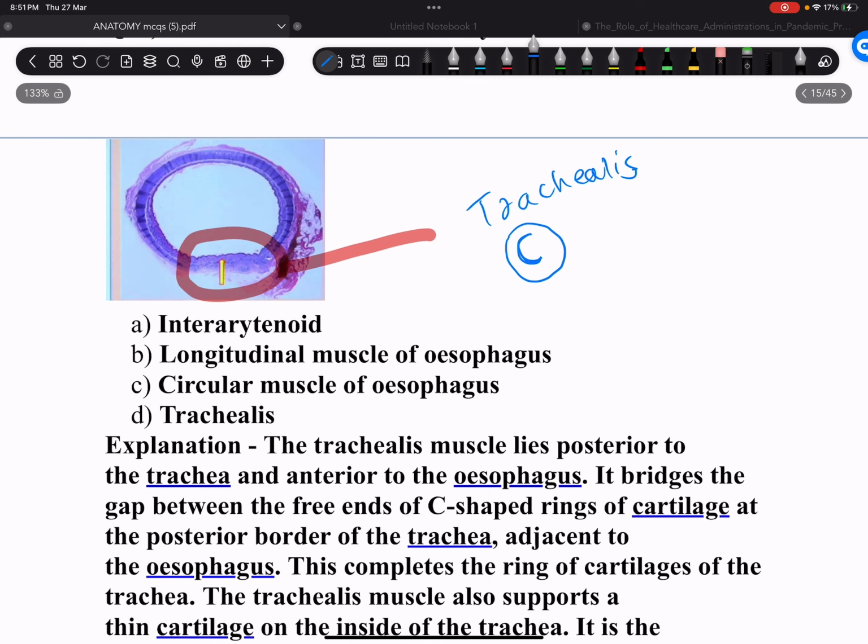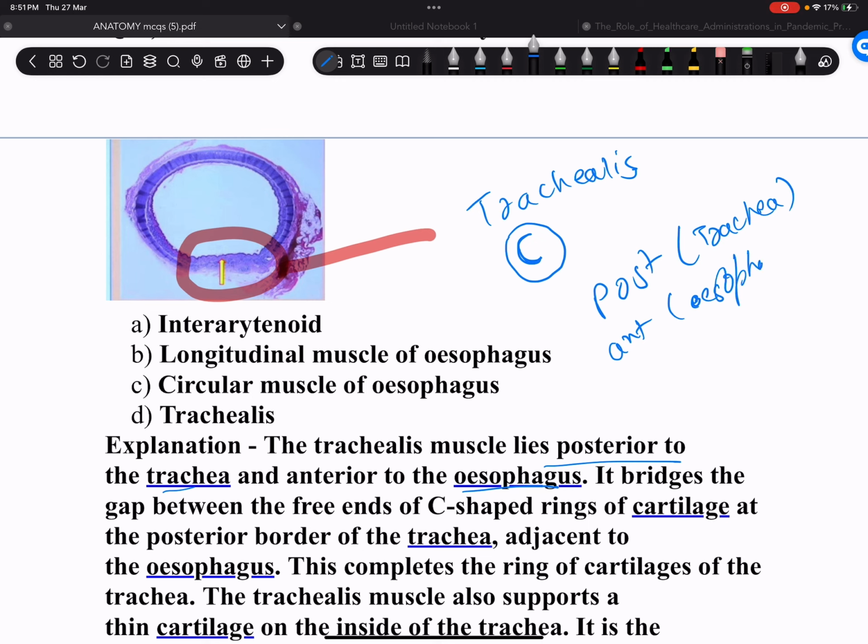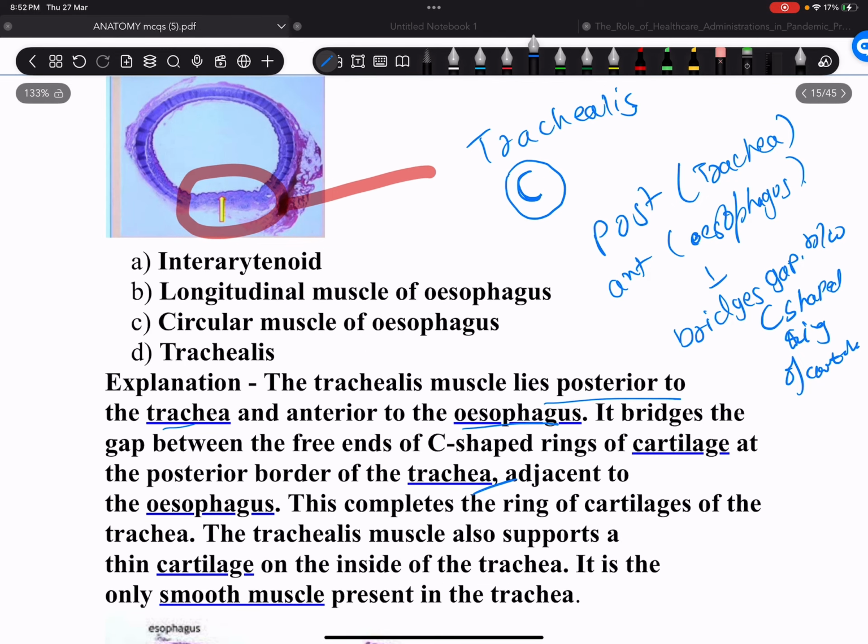The trachealis muscle lies posterior to the trachea and anterior to the esophagus. It bridges the gap between the C-shaped rings of cartilage at the posterior border of the trachea adjacent to the esophagus.